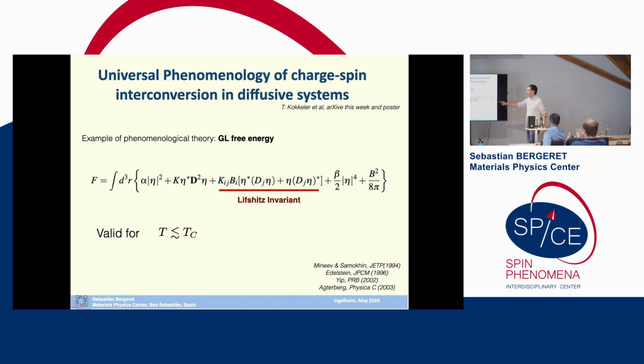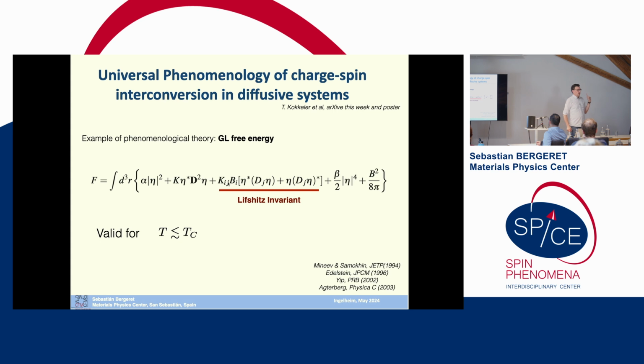We can start writing terms allowed by symmetry. And one of them is the famous Lifshitz invariant term, which is a term linear in the gradient. And then you see here this K_ij, this is a magnetic field, and K_ij again has to be, since magnetic field is a pseudovector, a second rank pseudotensor.